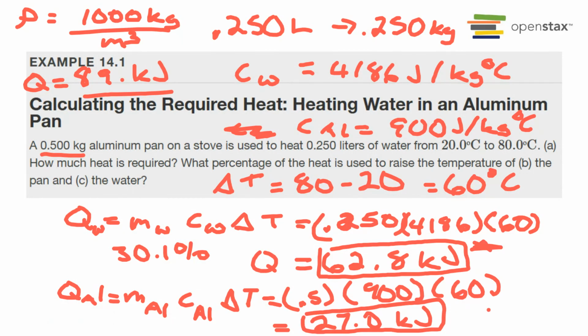And then about 69.9% goes towards heating up the aluminum. So you actually are going to need more heat energy to heat up the aluminum, and then that gets transferred to the water. Just to recap, this is the total energy, this is the energy for the water, this is the energy for the aluminum, and then the percentages are 30 and 69.9%.